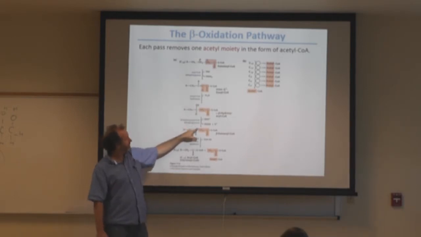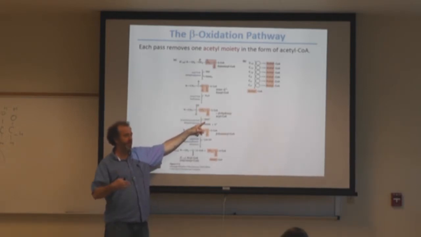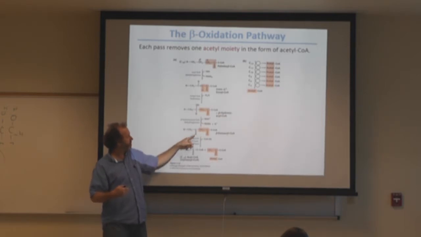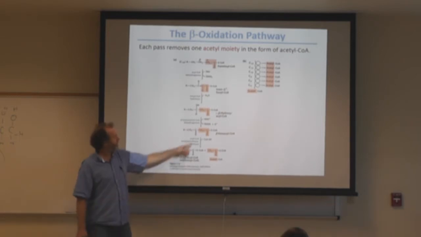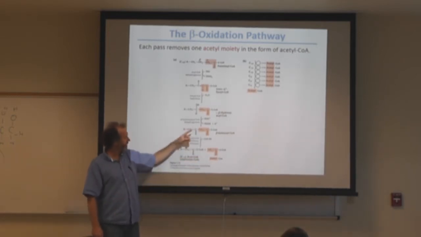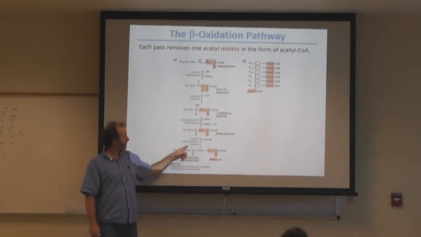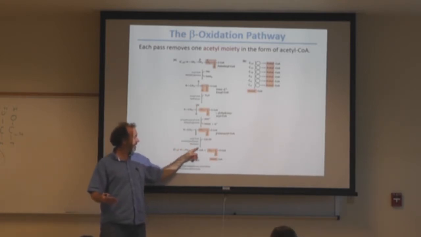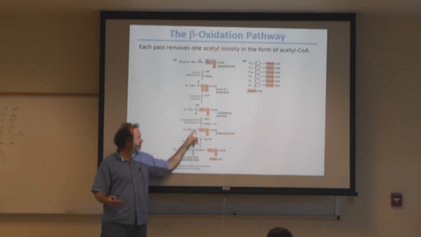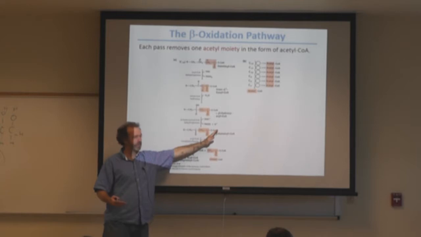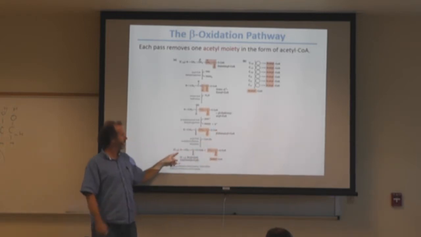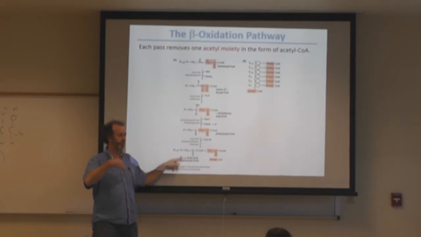With the dehydrogenase, this time NAD accepts the hydrogen, and we produce a ketone, beta-ketoacyl-CoA. And then coenzyme A will come in, attack this ketone, and cleave it. It's acyl transferase thiolase, so it's a thiolase reaction, which removes the first acetyl-CoA group, and then you're left with an acyl-CoA that's 2 carbons shorter than you started with.